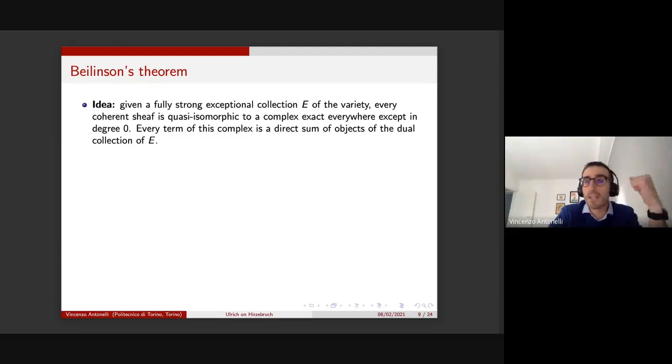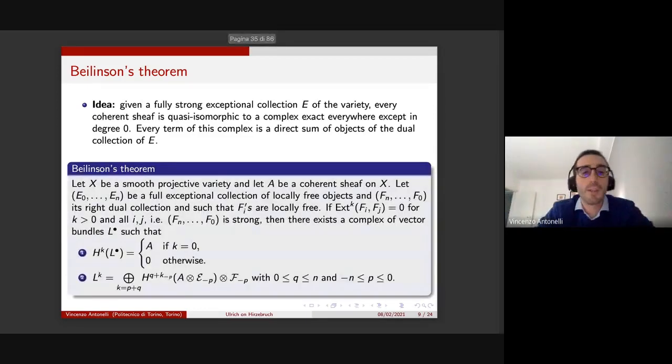And that's the case for Hirzebruch surfaces. And in this case, let me state the theorem.